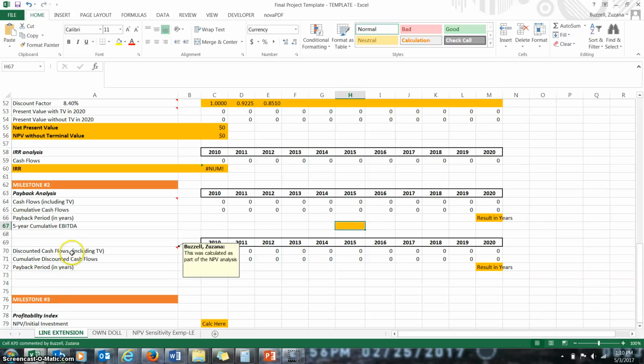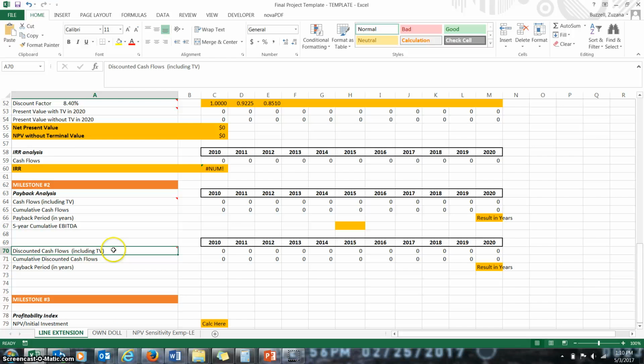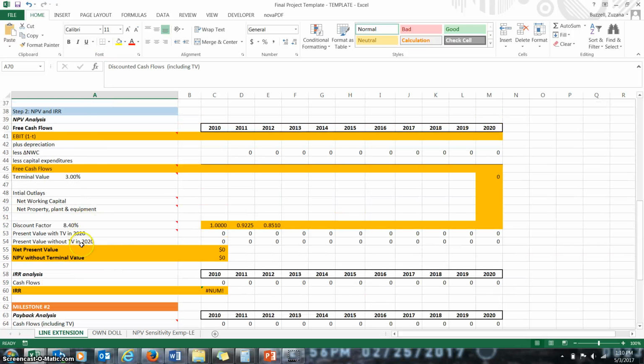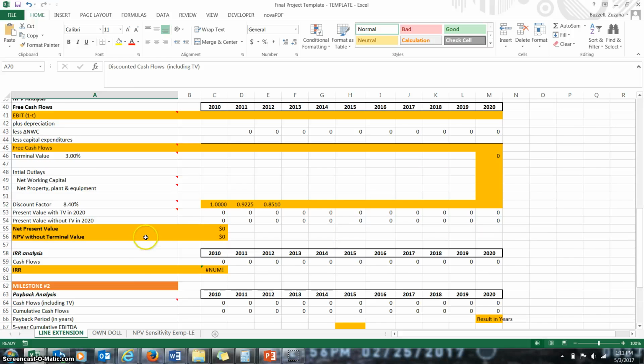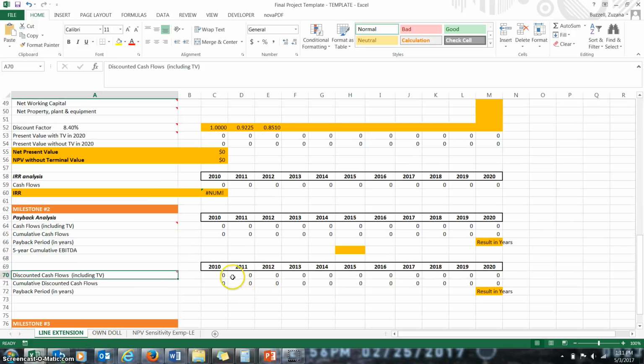And of course, you have your discounted cash flows, which, as I said before, once you have done your NPV analysis, you have discounted all your cash flows right here using your 8.40%. So that will be right here, okay? Then again, you need to calculate your cumulative discounted cash flows, and then you will have your payback.